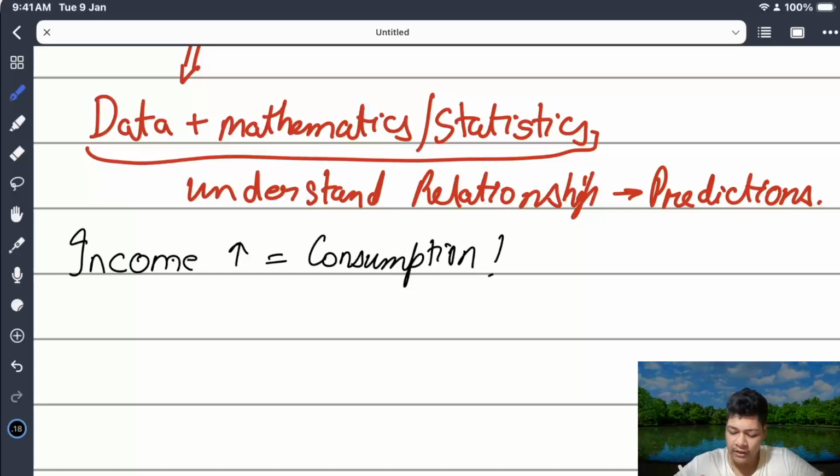We can have data of income, and through mathematics and statistics we can understand the relationship between these two, right? Thereafter, we can make a prediction that for 10,000 rupees of income, we have consumption of 6,000 rupees and 4,000 will go into saving, right?